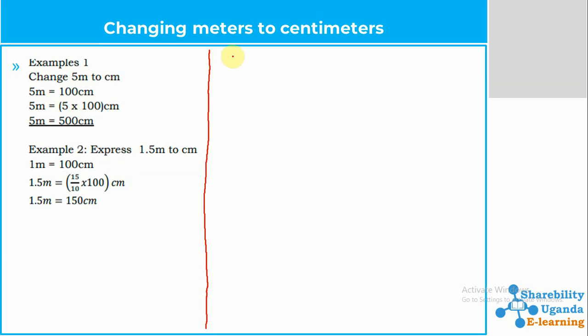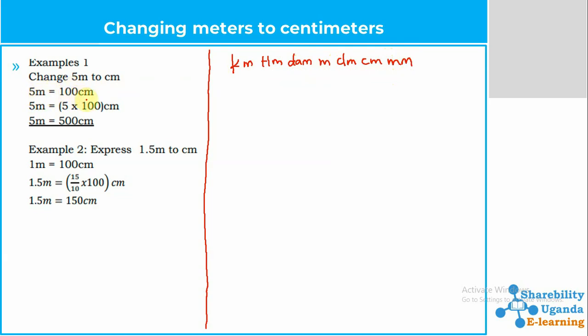For you to understand this, you should know the basic arrangement of kilometers, hectometers, decameters, meters, decimeters, then centimeters and millimeters.